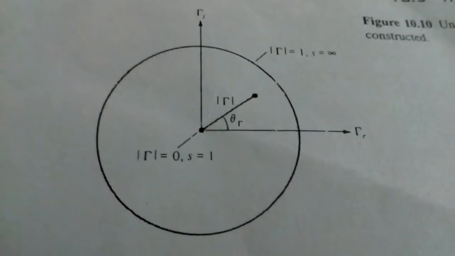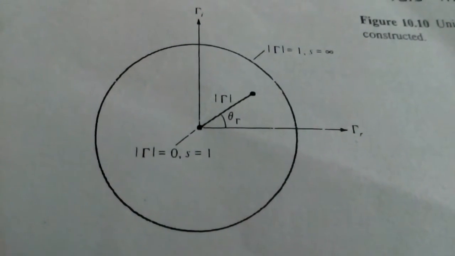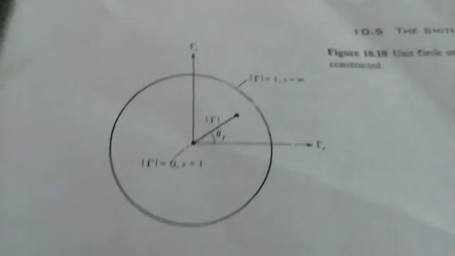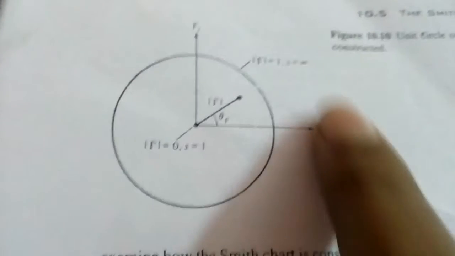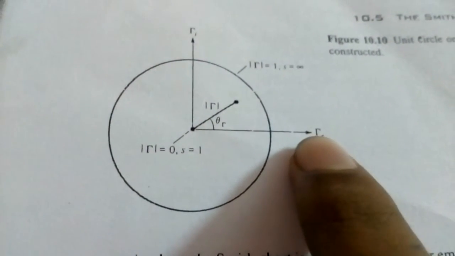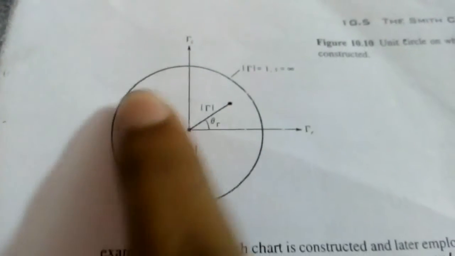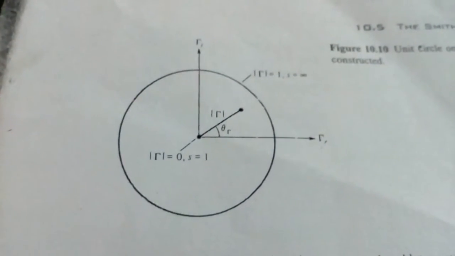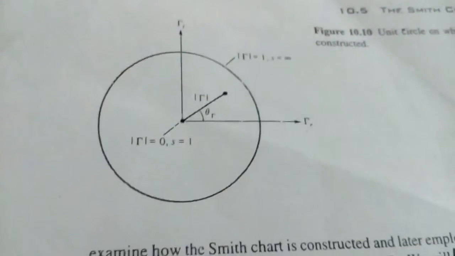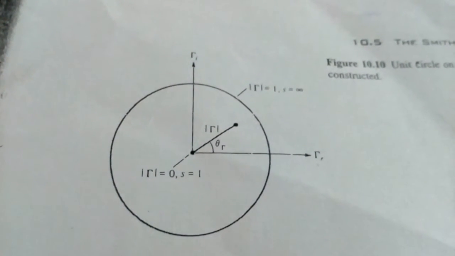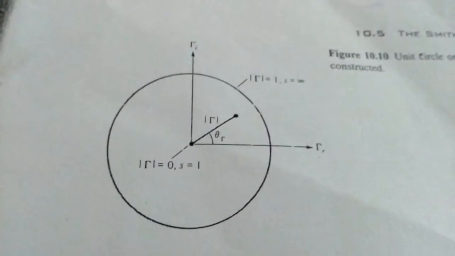And this here is a basic form of a Smith chart. You can see in the horizontal axis, it is the real part of the reflection coefficient, and on the vertical axis, it is the imaginary part of the reflection coefficient. And at the center, the magnitude of the reflection coefficient is 0.